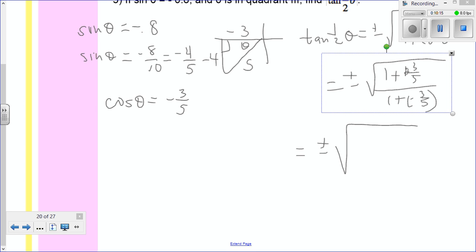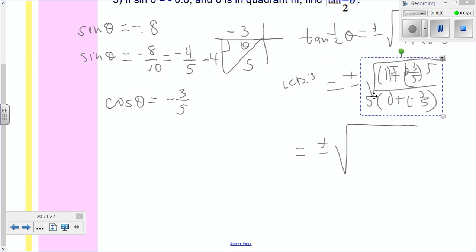I'm actually going to go ahead and get rid of my denominator to make it easier so we're not having to add and subtract fractions. My LCD here is 5. So multiply every piece by 5. So 1 times 5 is 5. Plus, 5's cancel out, 3 over 5.